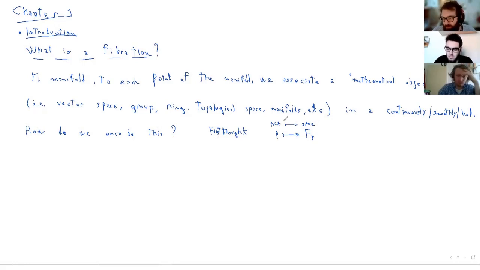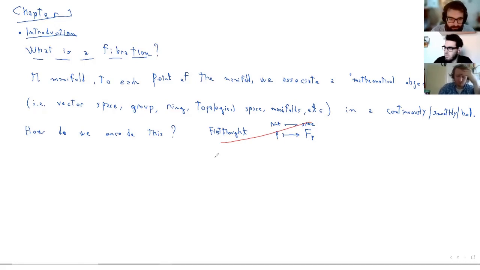This is usually not convenient because it's very hard then to talk about continuity. You would need to put some kind of topology on the space of all possible spaces. So this is not usually how we do it.